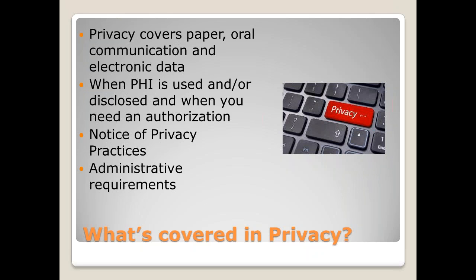When PHI is used or disclosed, and when you need that authorization to disclose that information. Notice of privacy practices, or NPPs, included in the privacy rule, and also those other administrative requirements about when you are allowed to disclose, breach notification rules, that kind of thing.